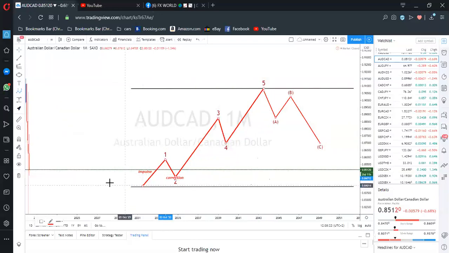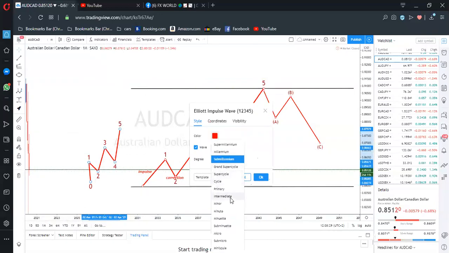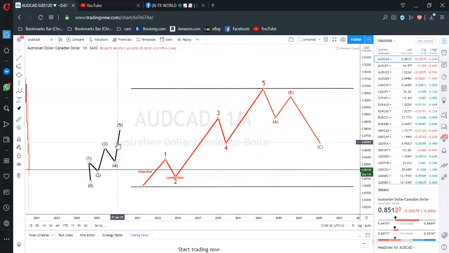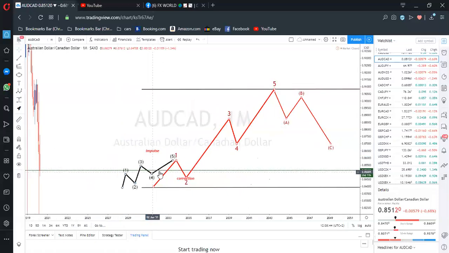Let me show you. Okay, let me just do that first, and then let's reduce the size of that first. Let's make it black. Let's put that over there first.